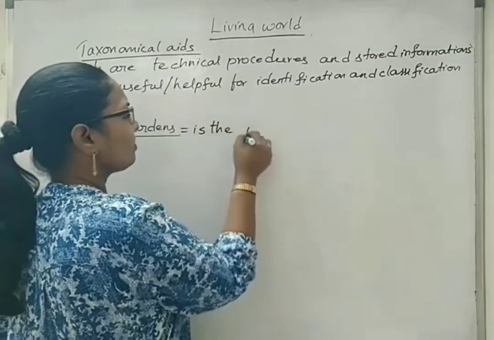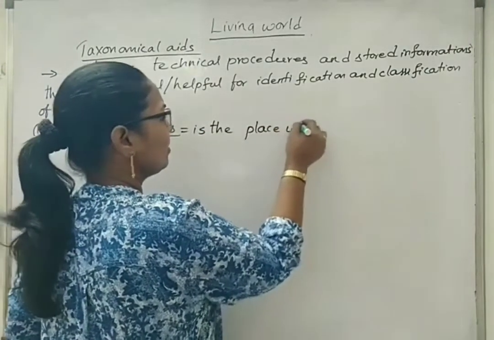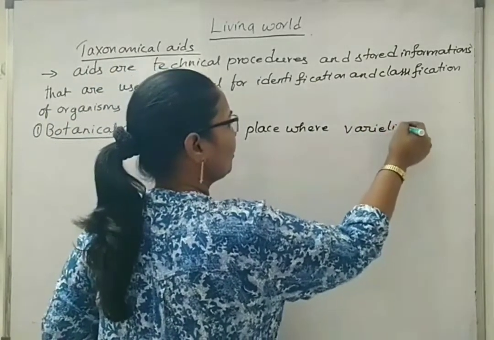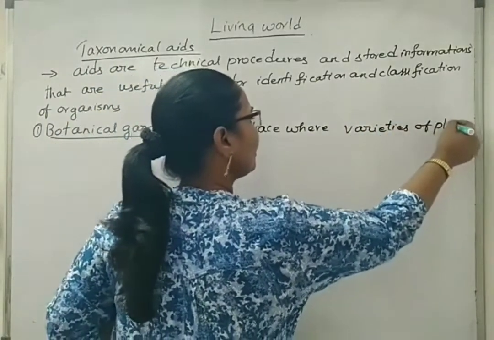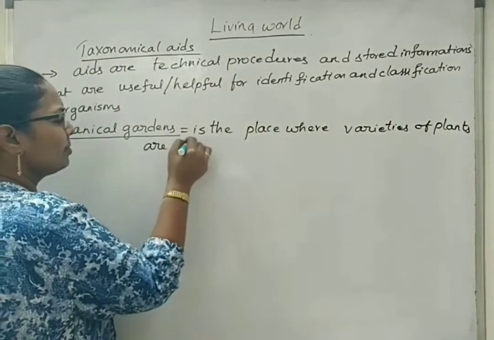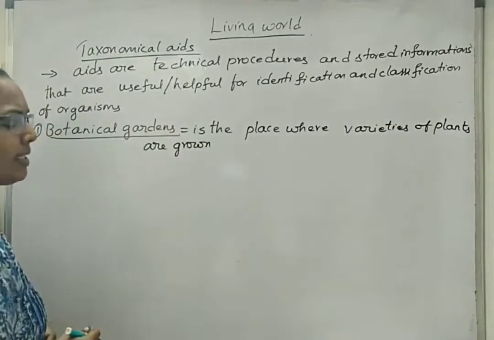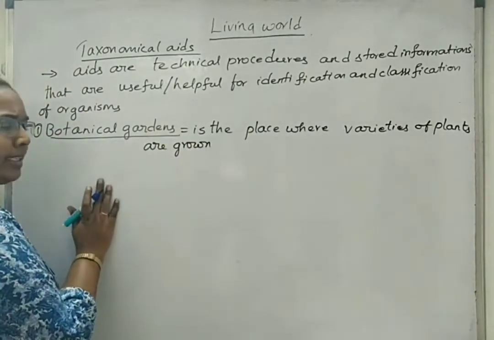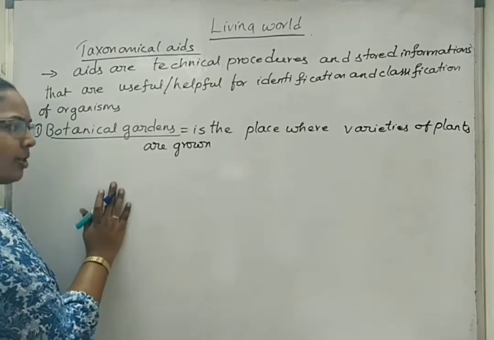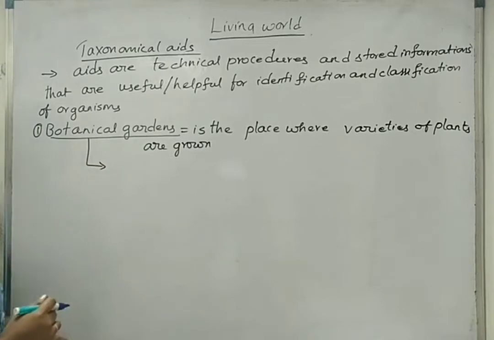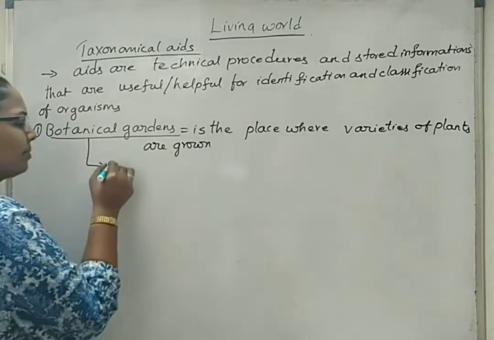We have a few examples under this, like Indian Botanical Gardens, National Botanical Gardens, Royal Botanical Gardens. Now, what is the use of all these types of botanical gardens? These are used for scientific study and educating people.